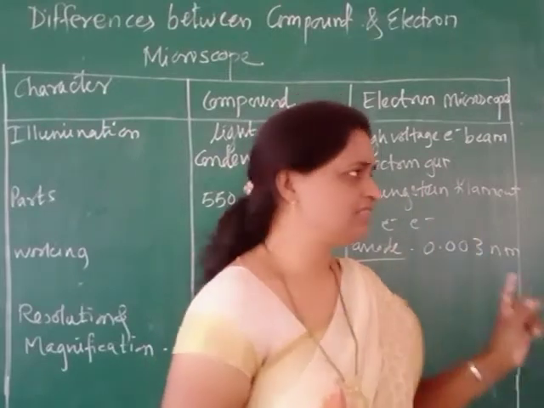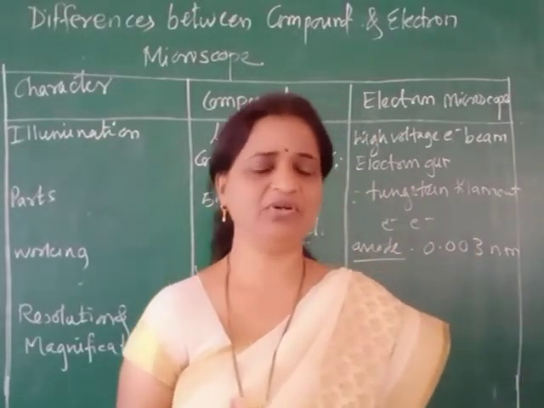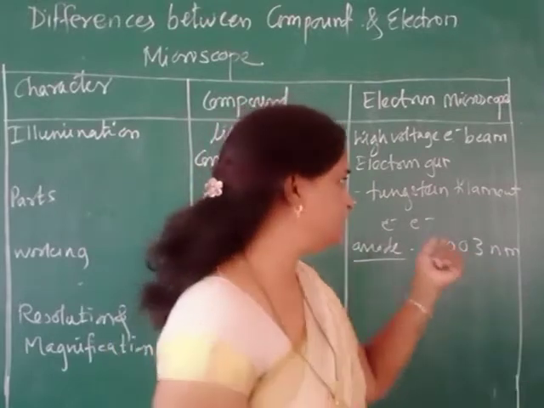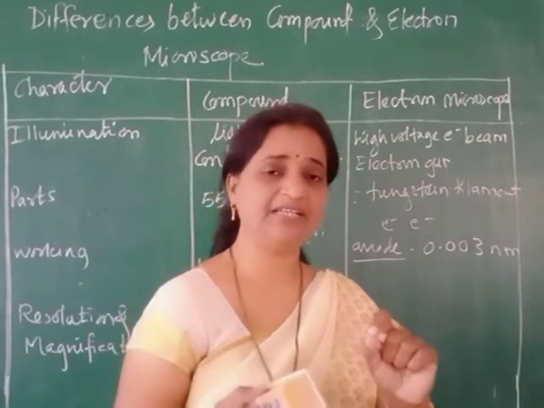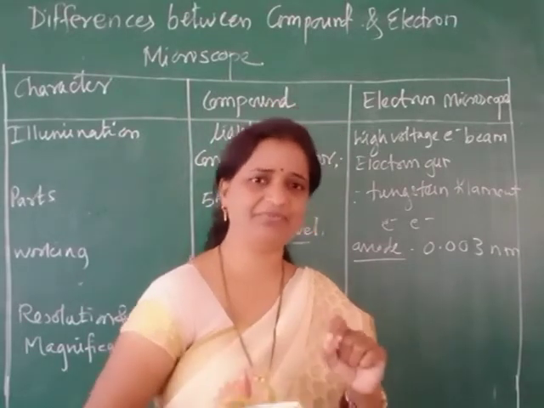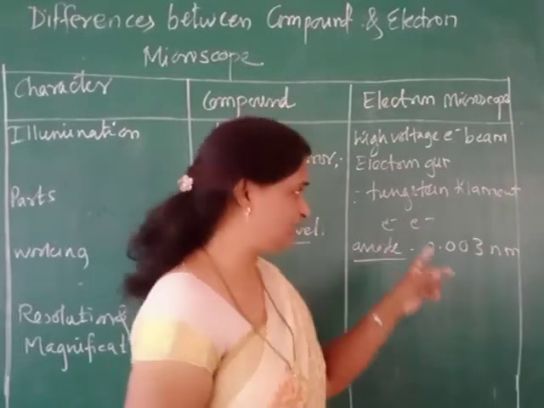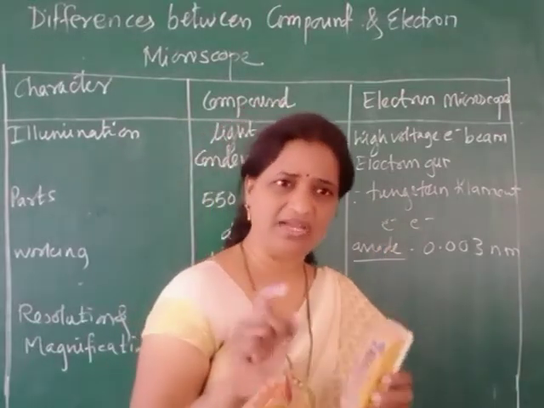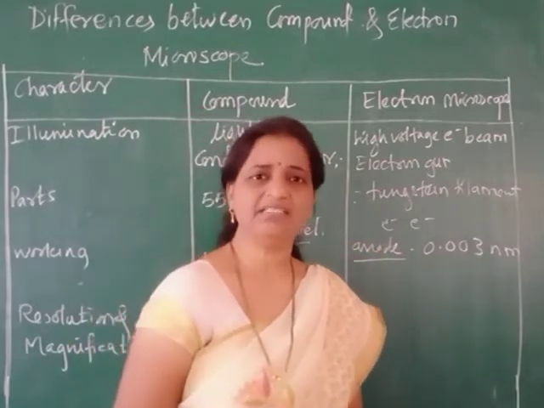These electrons fall on the air molecule and they get deflected because of the very light weight of these electrons. The air molecule is very heavy. These electrons fall on that air molecule and they get deflected. So there is loss of electrons. To avoid that, air is not the medium here.